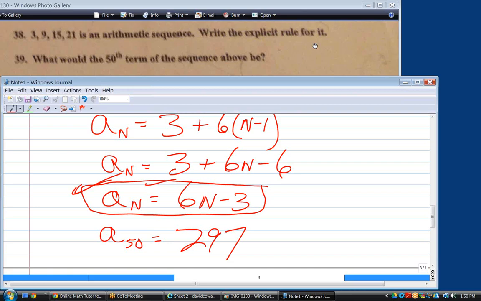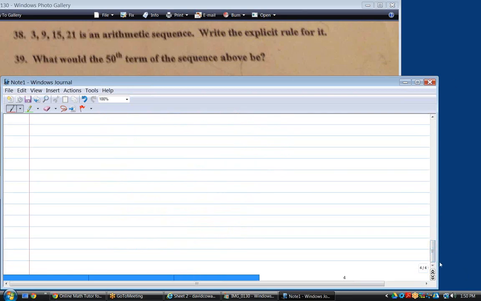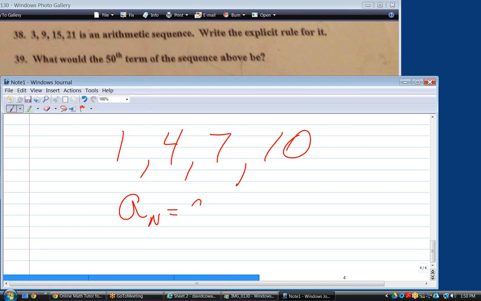Yeah. The general would cover any kind of sequence I wanted to come up with. In other words, say I came up with this sequence. Well, the general says that the nth term is the first term plus the common difference times n minus 1.